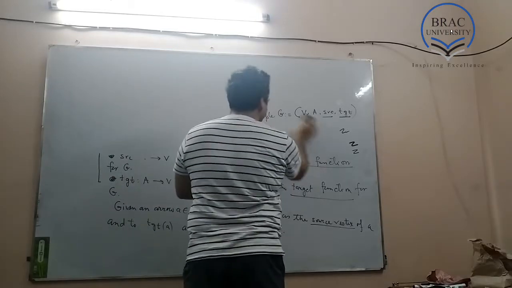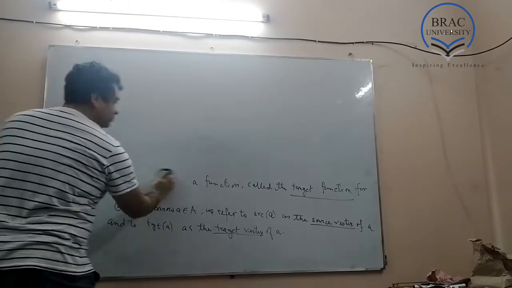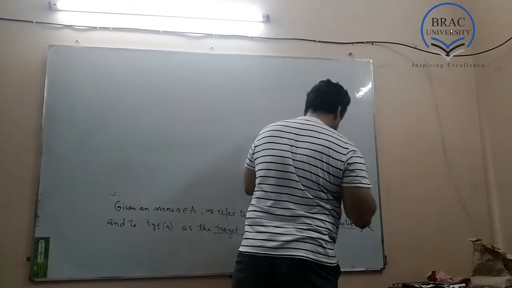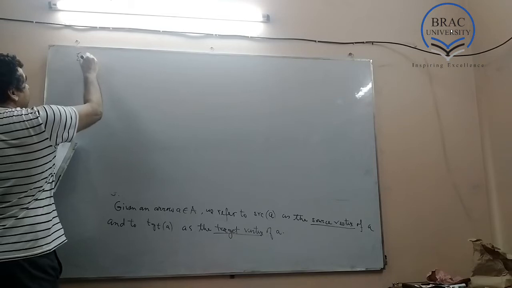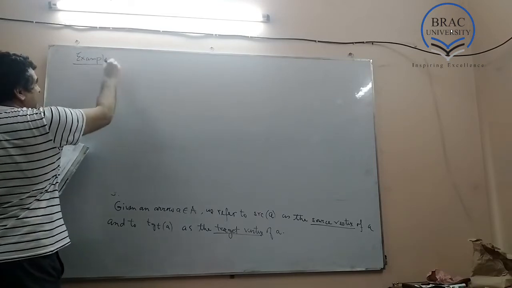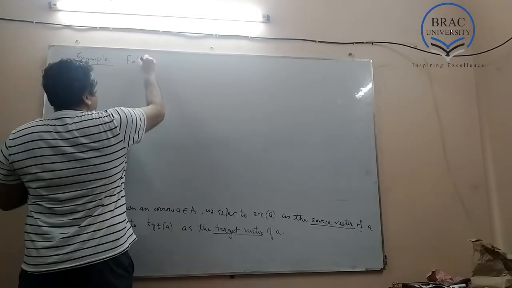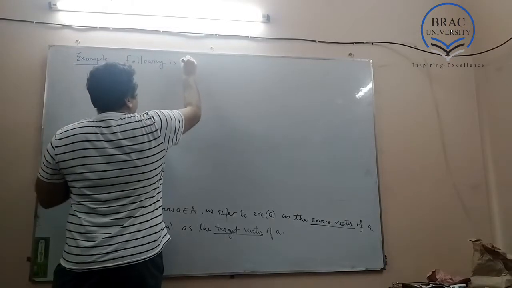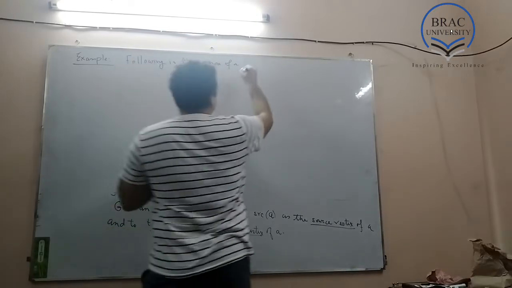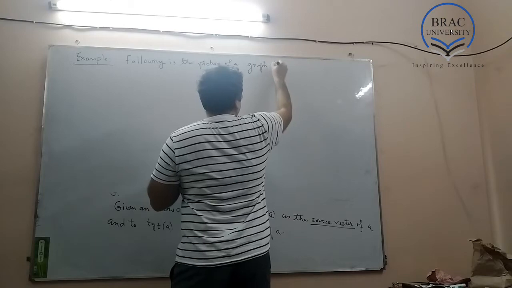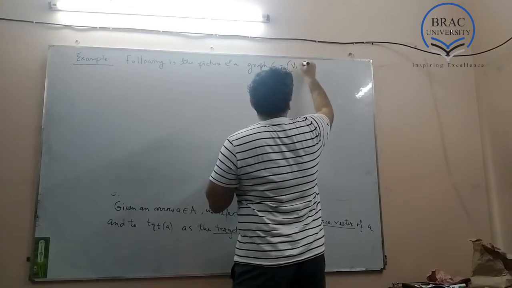So I'll give you an example of a graph. Following is a picture of a graph. We already mentioned that a graph is a quadruple consisting of two sets and two functions.